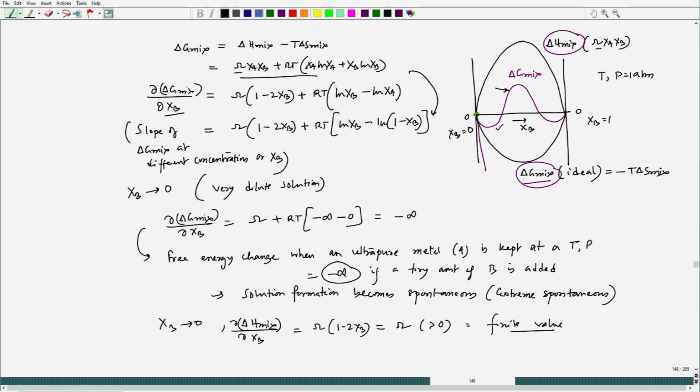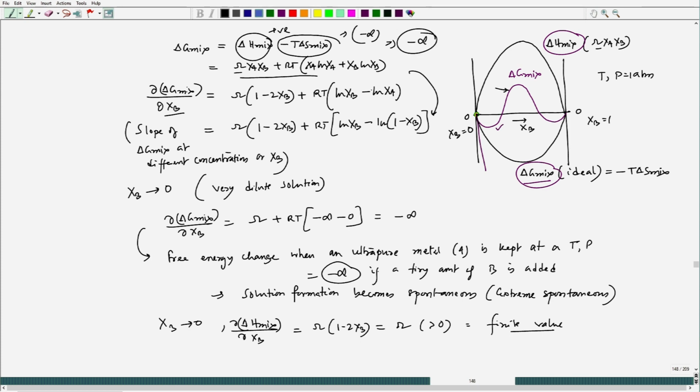So, one term is positive and finite, and the other term becomes negative infinity. Hence it will always be negative infinity.